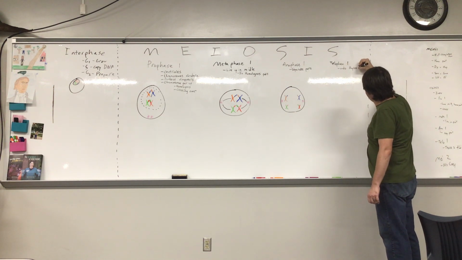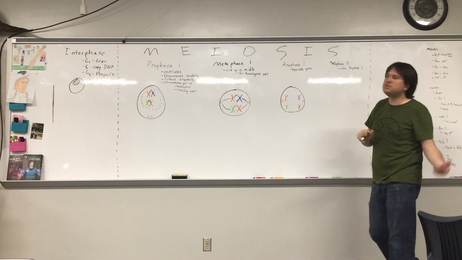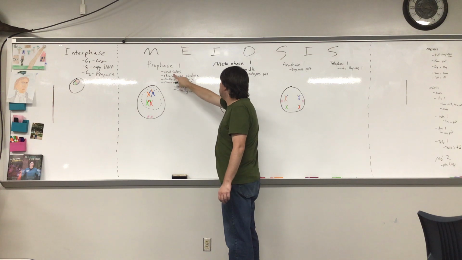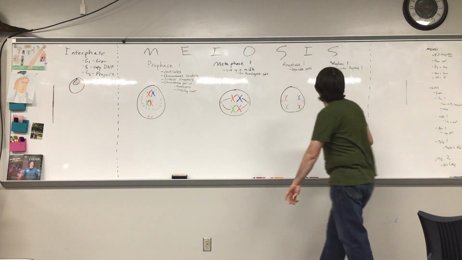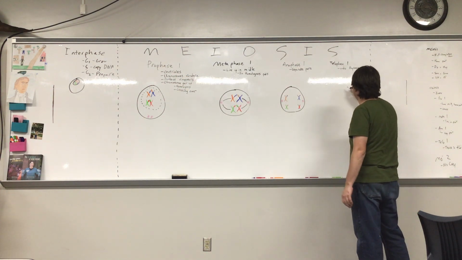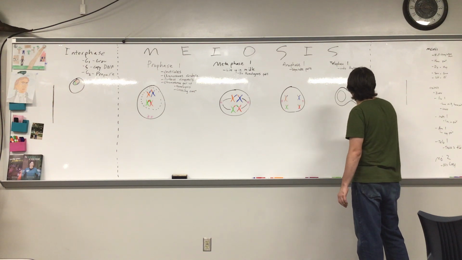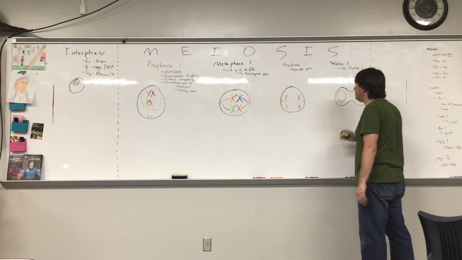We undo prophase 1 pretty much. So chromosomes condense, nucleus disappears, centrioles appear. We're undoing that. And we're going to separate, and we are reforming that nucleus, and we are uncondensing.